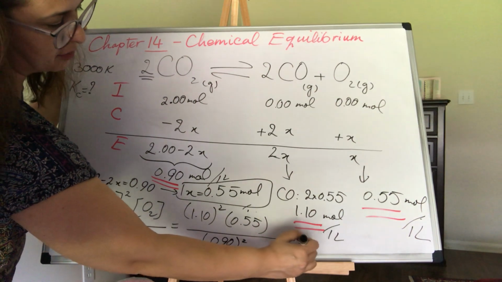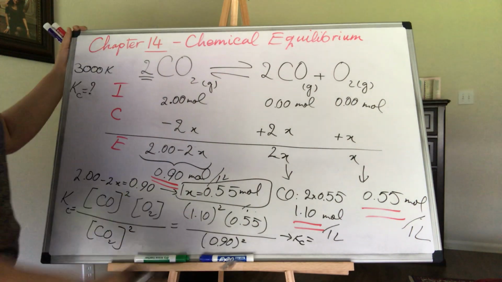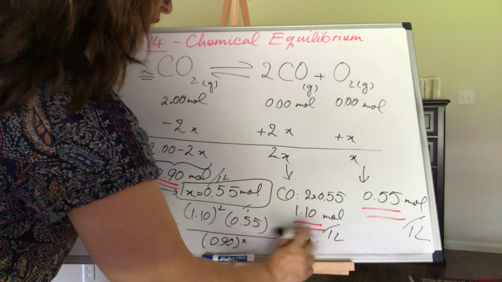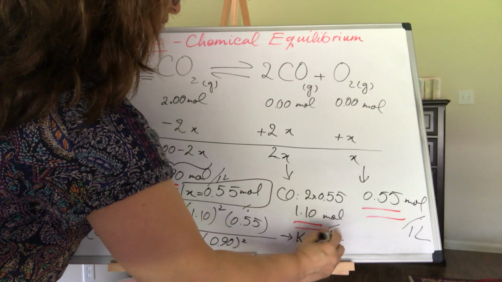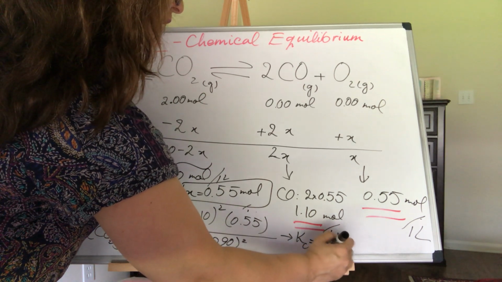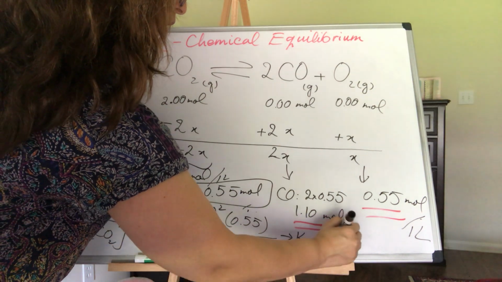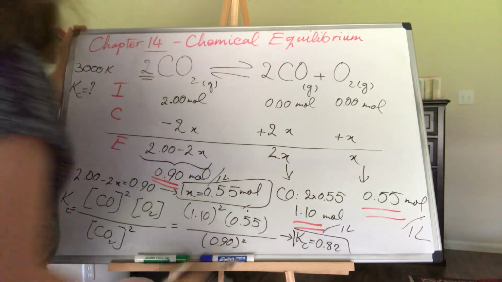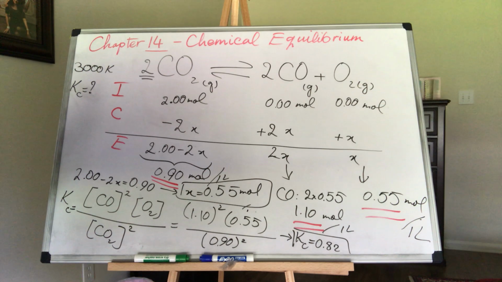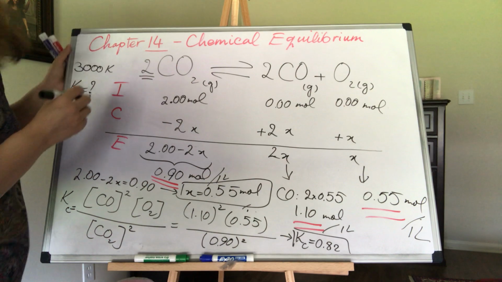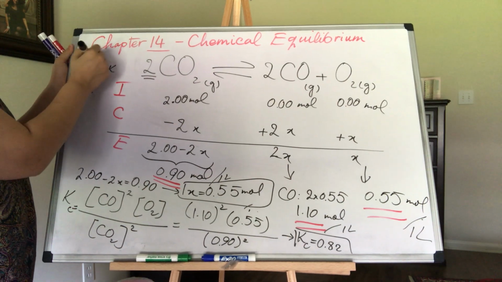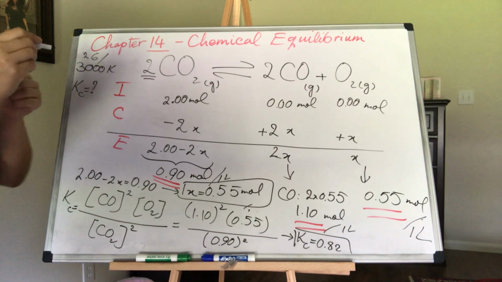So the value for Kc is going to be, I hope it's correct, I'm just copying from the PowerPoint slides, 0.82. Okay, that's the question on slide number 26. Yeah, that was slide number 26.